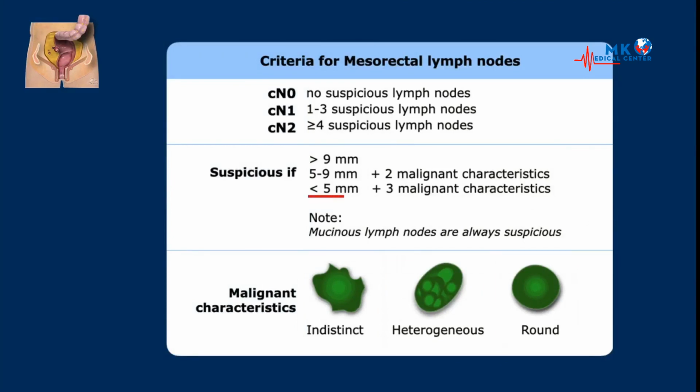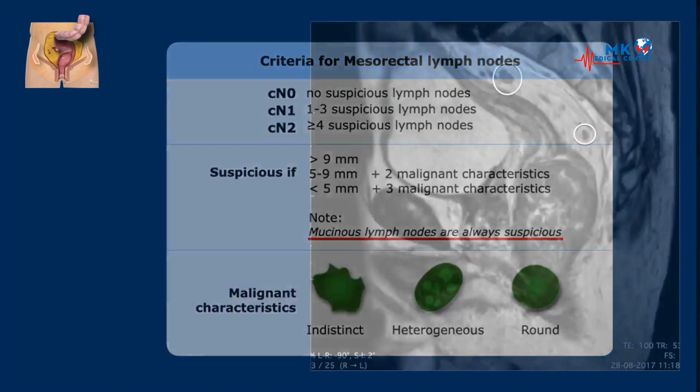When they have these three malignant characteristics, even nodes smaller than 5 mm are suspicious. Nodes between 5 and 9 mm only need 2 malignant characteristics, and lymph nodes larger than 9 mm and even mucinous lymph nodes are always suspicious.